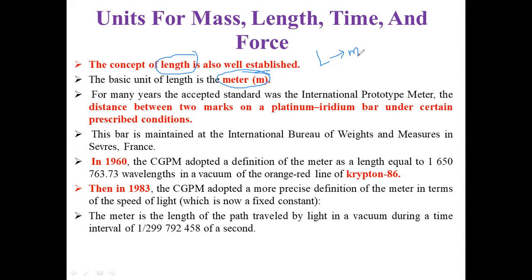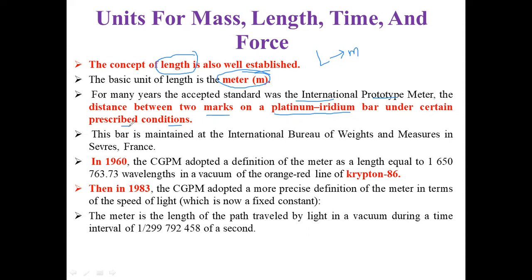For many years, the accepted standard was the international prototype meter. The distance between two marks on a platinum iridium bar under certain prescribed conditions is known as a meter.